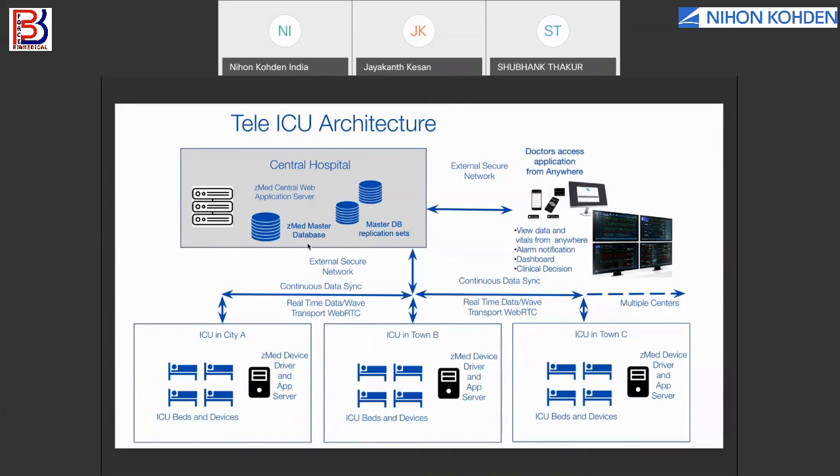And several ICUs in a hub and spoke model can be networked, and expert doctors located in a central hospital will be able to not only monitor, but can provide life-saving clinical decisions for the patients. So there is immense cost saving for the patient. They do not need to come to a top hospital, they can be very close to the town or city wherever they are, and they can get the best treatment from the best doctor.